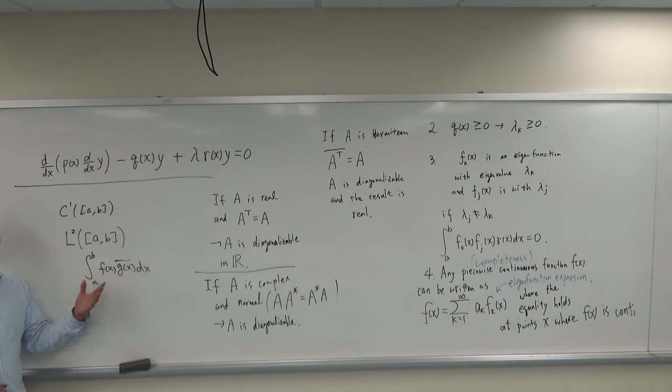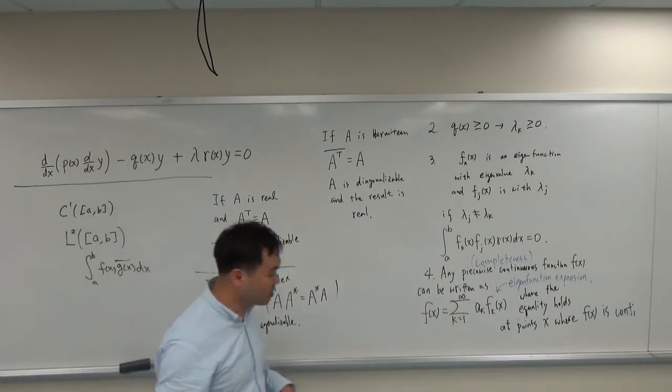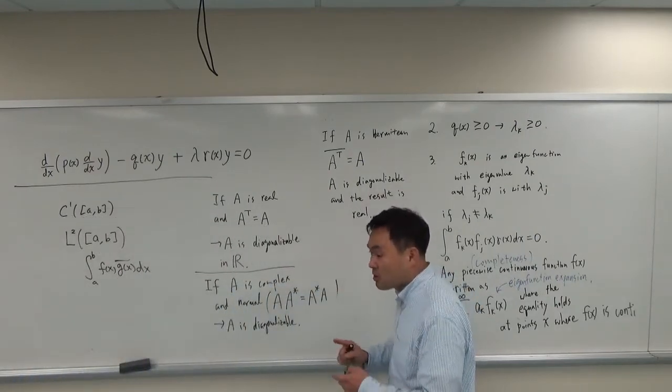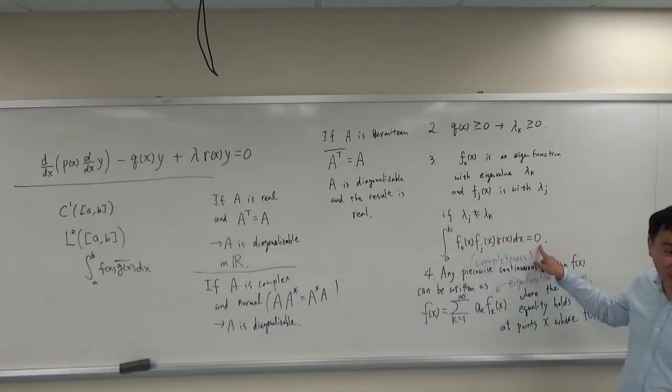You can talk about orthogonality, because if you have two orthogonal vectors, what do you know about the inner product? Or if you don't know what inner product means, think dot product. If you have two orthogonal vectors, what's the dot product? Zero. Okay. So things like this act like the dot product. You can talk about being orthogonal to each other, and that's why these are called orthogonality relations.